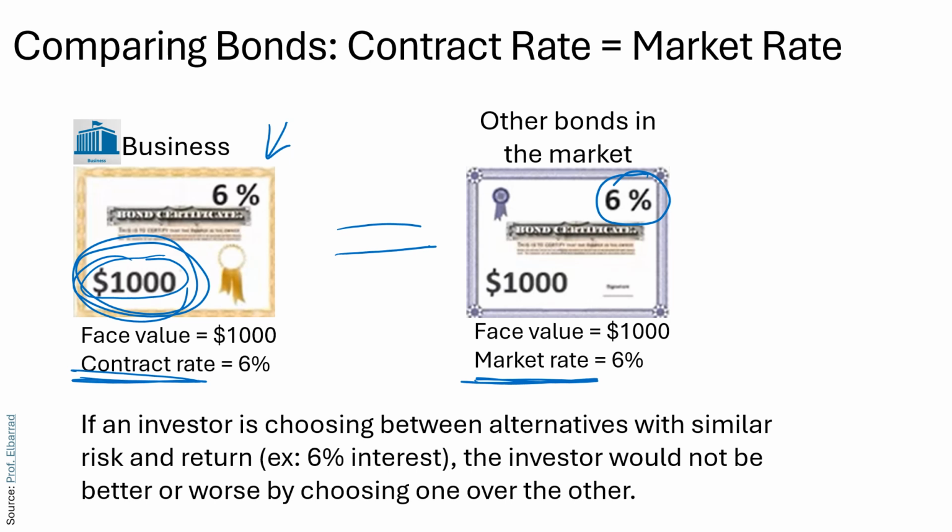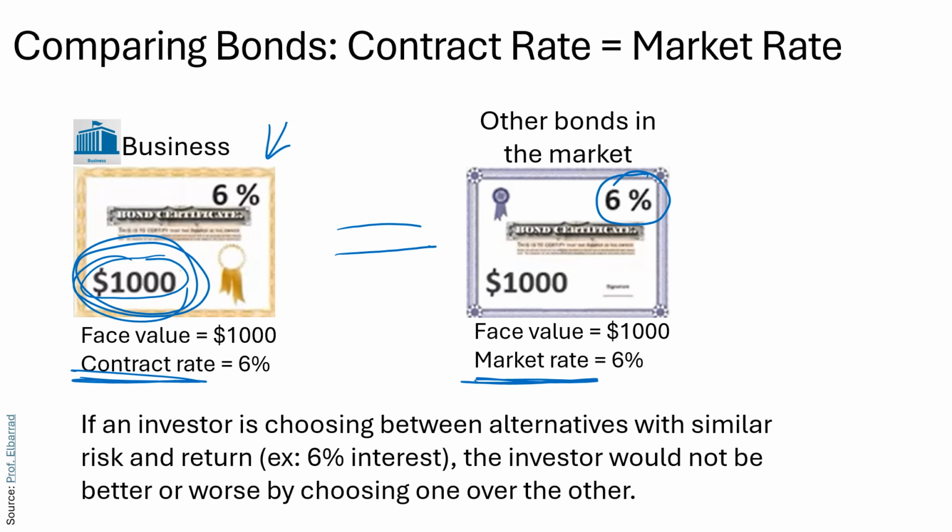If an investor is choosing between multiple bond issuances and sees that the bonds they're looking at all have a very similar interest rate, in this case 6%, then it doesn't necessarily matter which bonds are purchased. It's going to be very similar or exactly the same. So this is our easy example when everything matches and it's beautiful.